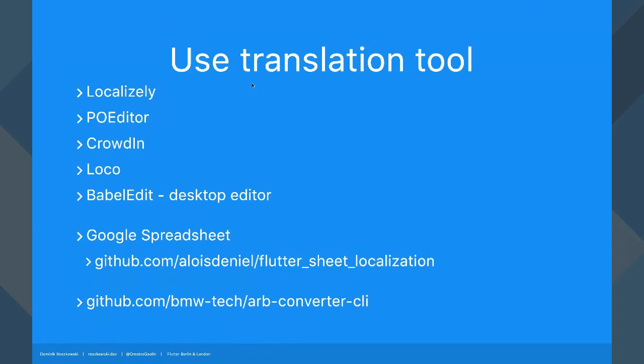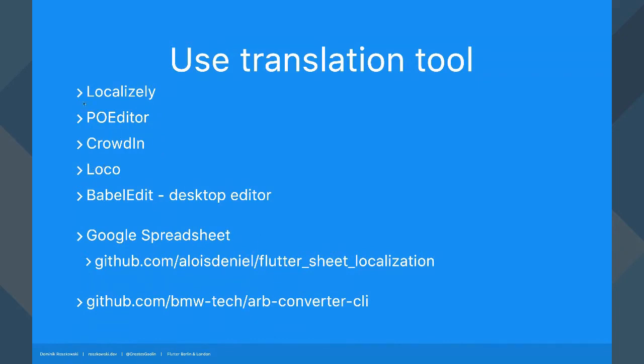So in such a case I recommend using some translation tool to handle all of your translations. It can be Localizely, it can be PoEditor, Crowdin, Loco, and Babel Edit, which is a desktop editor. All of them in some way support Flutter, not perfectly. The best one is Localizely, and then maybe Babel Edit, and these three are a bit worse.